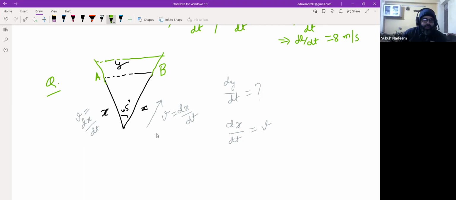So what we can do here is find a relation between y and x. Now in a triangle which has 45 degrees and these two sides are x and this is y, how do we find a relation between y and x? These two angles are the same because it is an isosceles triangle, theta and theta.